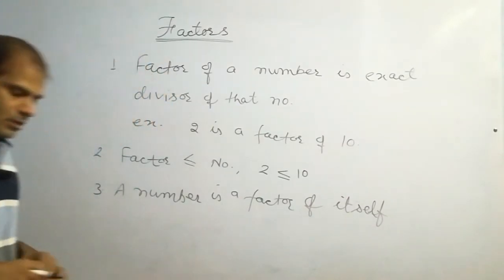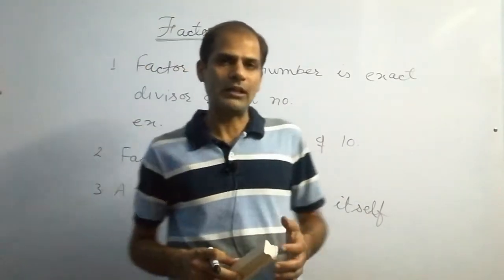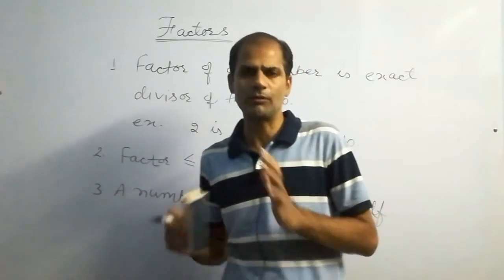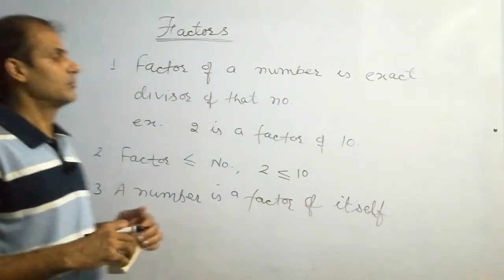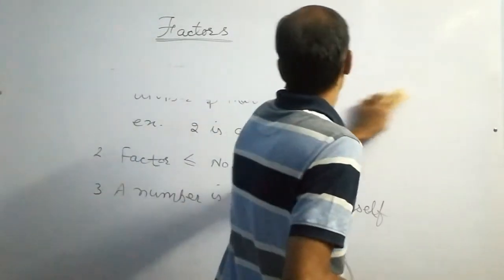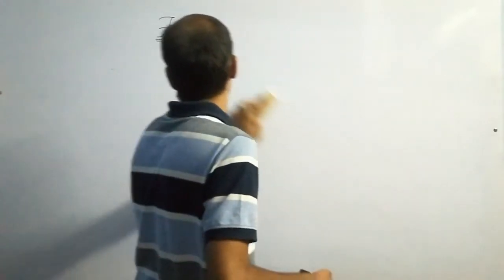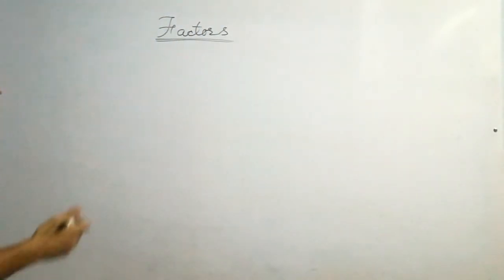Now suppose a number is given and you want to know all the possible factors of that number. What will be the method? I am going to tell you the proper method. Students, if you want to note something, pause the video and note it down. Suppose a number is 2.